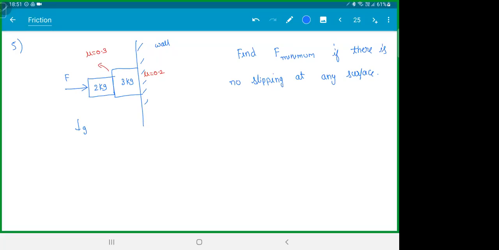It's like a book on top of a book and you're pushing it. Between 3 and the wall mu is 0.2. Between 2 and 3 it is 0.3. Friction is different.